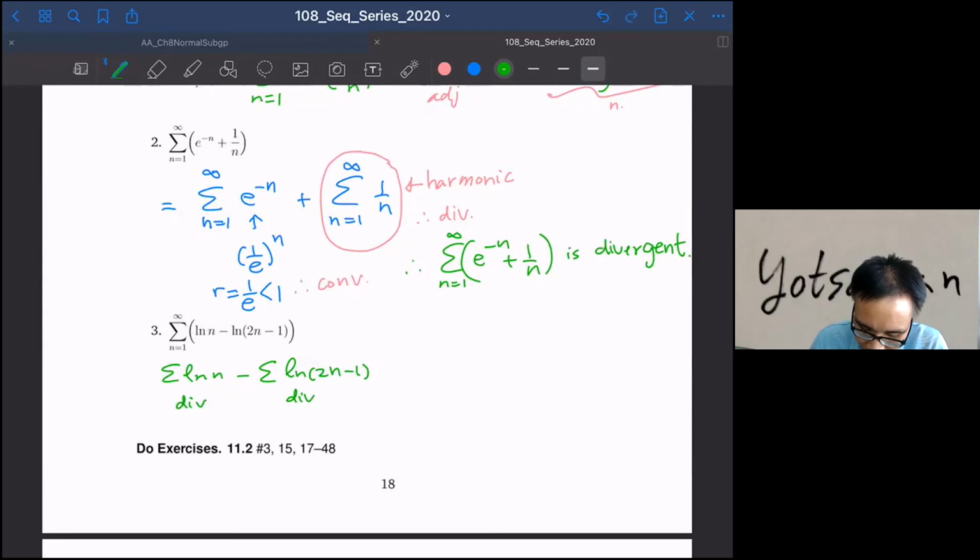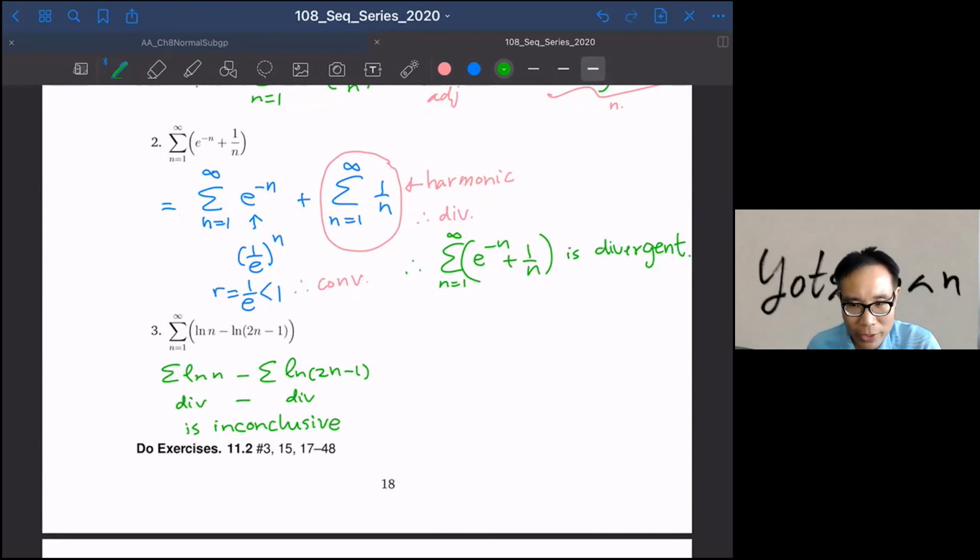Divergent minus divergent is inconclusive. So you will not be able to do that.